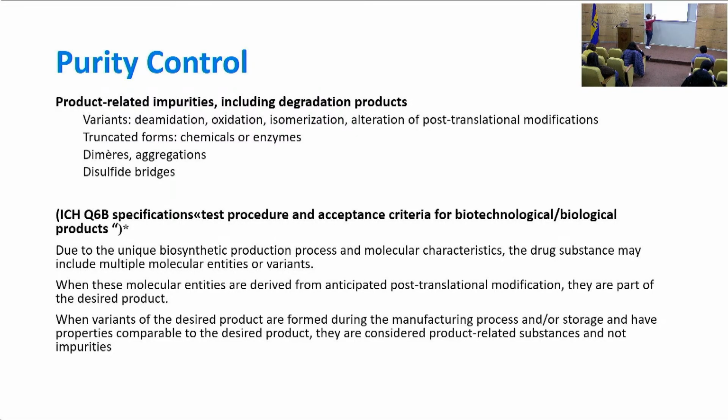Alteration in post-translational modification, truncated forms. This truncated form could be due to the chemical process, but also among the proteins composing the host cell protein, you have enzymes such as proteases able to degrade the proteins, dimer aggregation, or incomplete disulfide bridges.